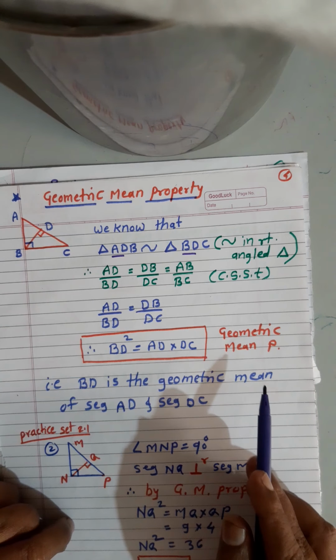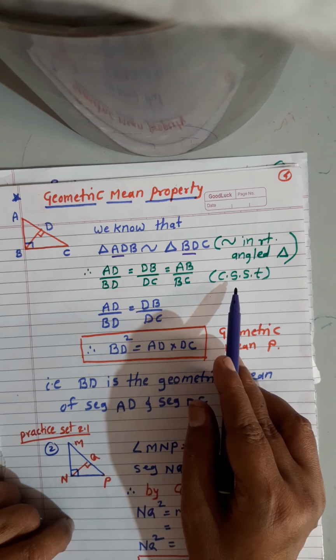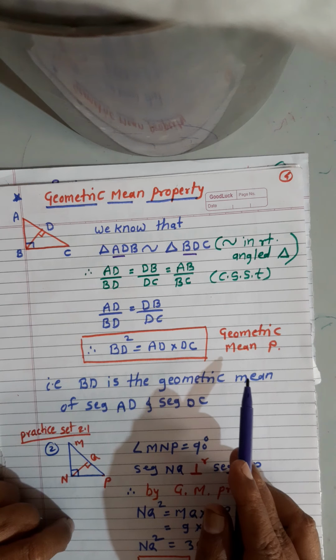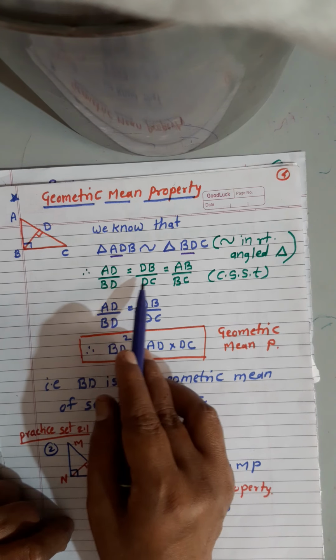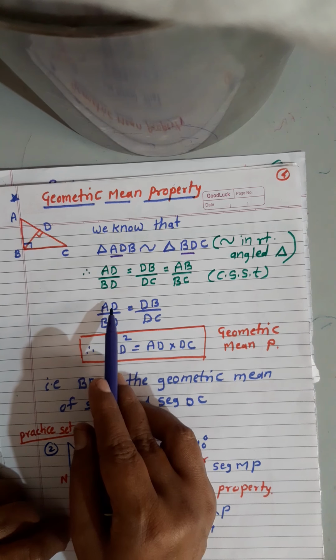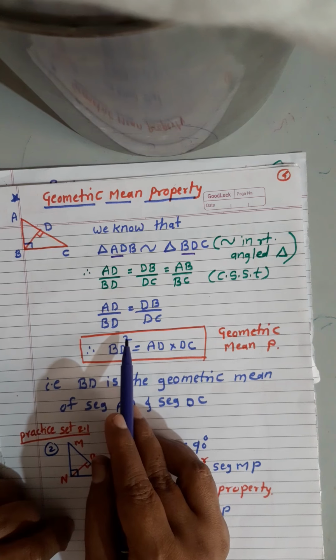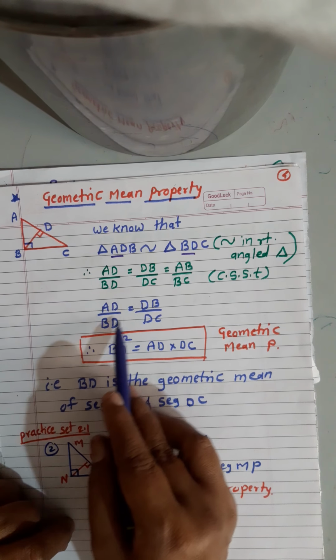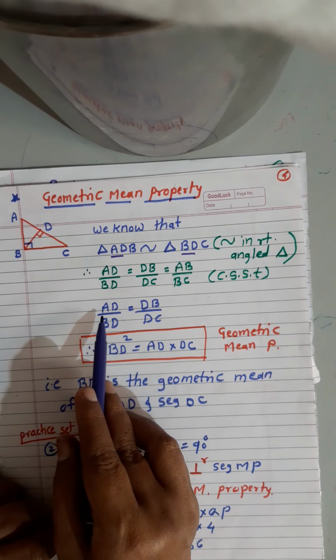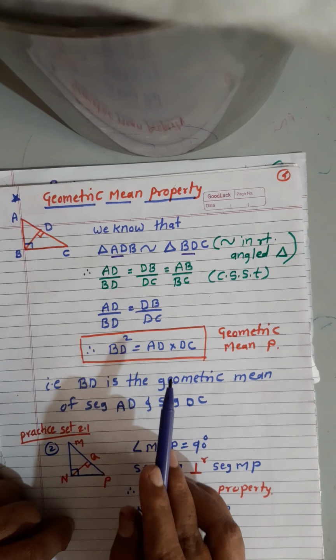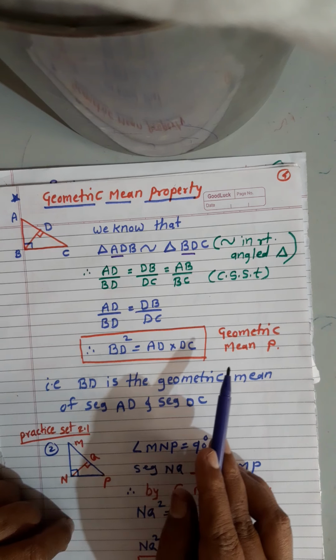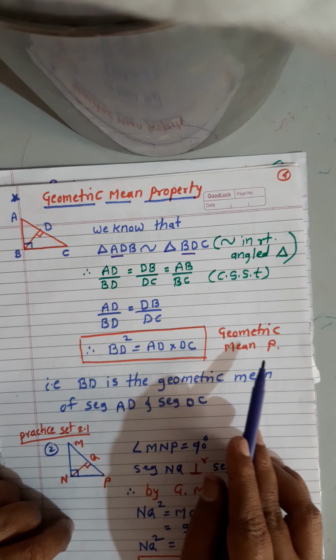The reason: corresponding sides of similar triangles. Now we will take these two only. AD upon BD equals DB upon DC. Now cross multiply: BD square equals AD into DC. This property is called the geometric mean property.